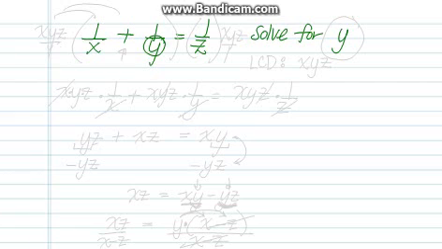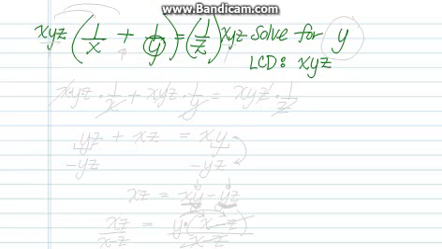Remember, clearing fractions can be done if you multiply by the LCD. So when you look at the denominators here, we have x, y, and z, 3 different numbers. So our LCD can be found by just multiplying those together. That's kind of nice. And remember, to clear those fractions, you multiply both sides of your equation by that LCD.